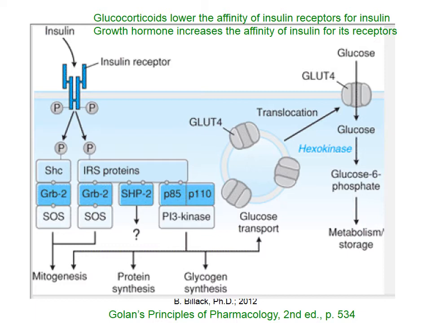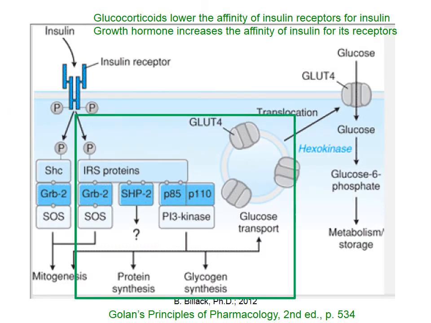Now again, we're looking at insulin receptor on a target tissue. Could be a muscle cell, could be a fat cell, but here we're in the context of a skeletal muscle cell. Insulin binds to its receptor, IRS protein gets phosphorylated and affects downstream mediators. If we look, IRS protein has several targets.